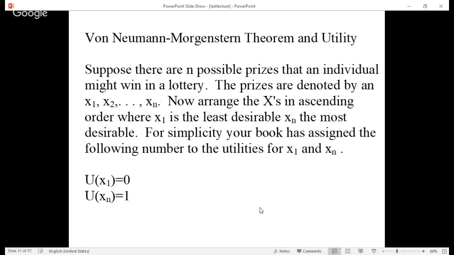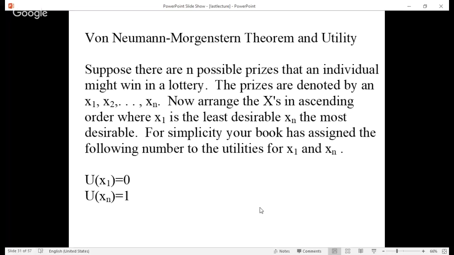Okay. Well, the von Neumann-Morgenstern theorem is basically the following. You have a bunch of prizes, right? And a lottery where you can win those prizes. And you arrange the prizes in order of the least valuable to the most valuable.